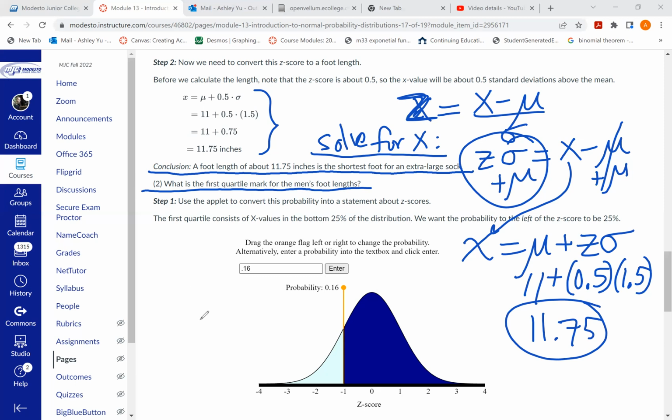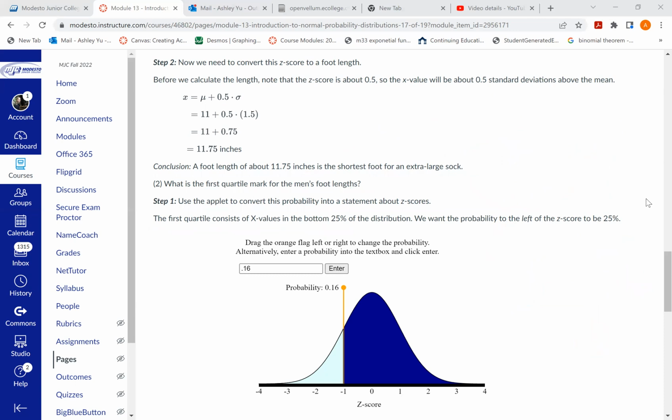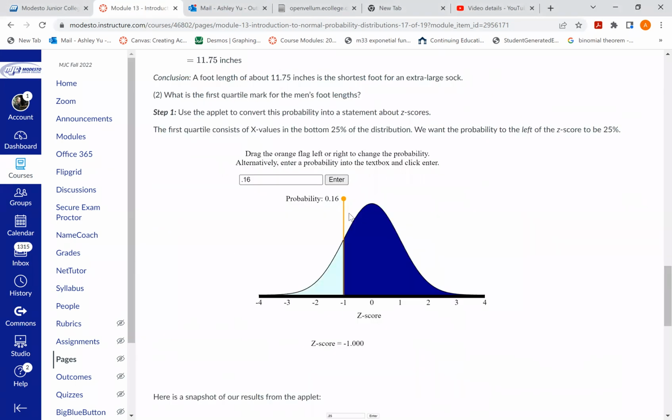So the first quartile, that means we're on the left side, should be the left quarter of this graph. Use the applet to convert this probability into a statement about z-scores. The first quarter would be the first 25% of the distribution. So I'm just going to drag that orange line until I see 25% on the left side. Let's see.